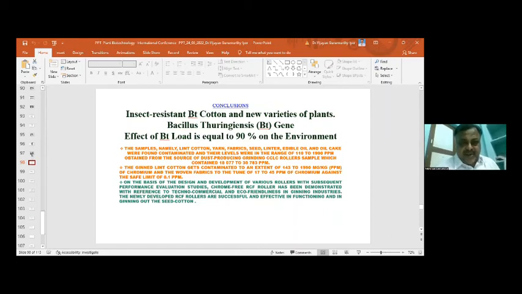So human environment impact is equal to PAT, that is population multiplied by affluence multiplied by technology. If it is a sustainable technology, then it will lead to sustainable development.